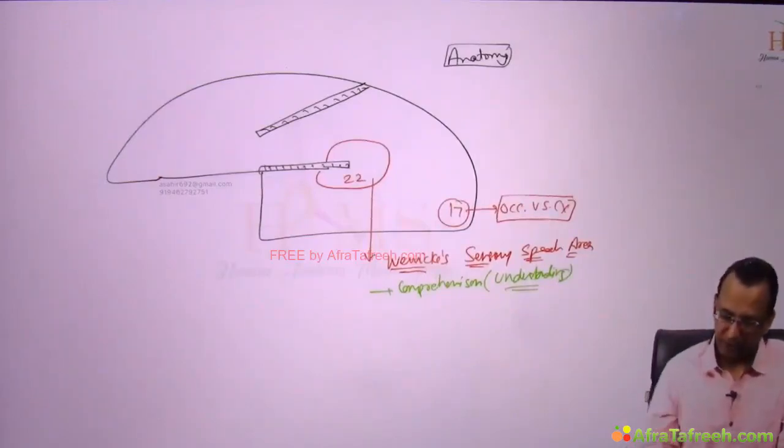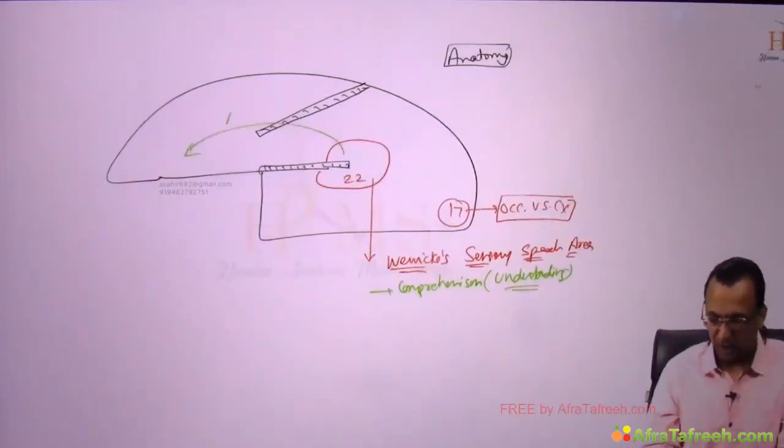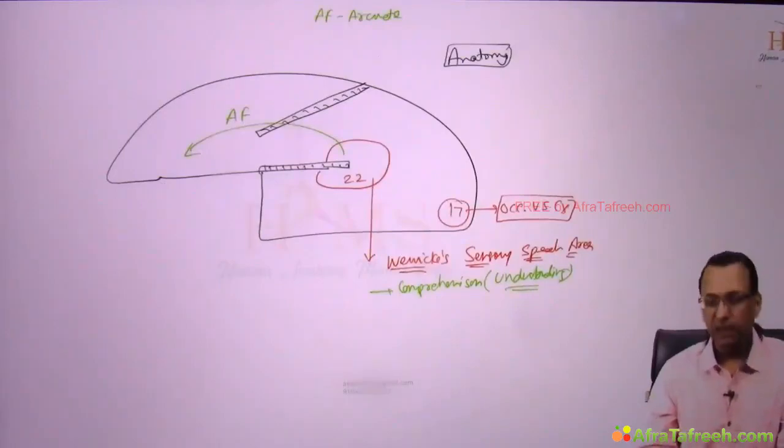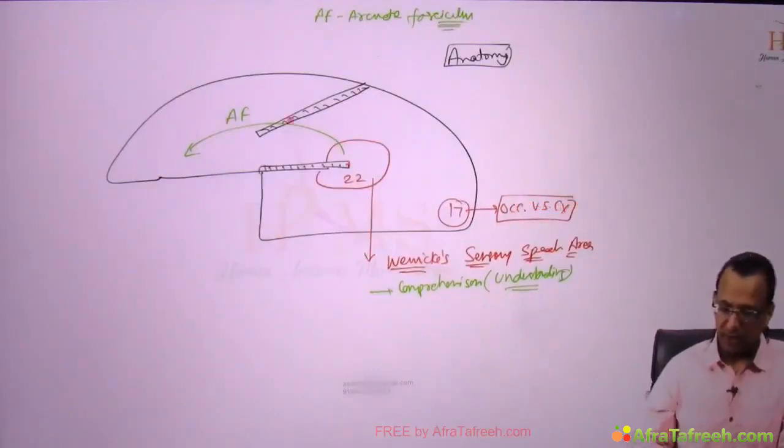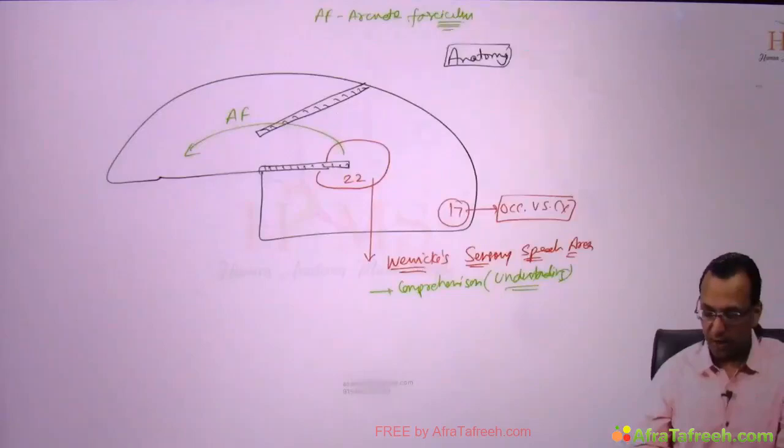Actually, we need a fasciculus now, which is called as the arcuate fasciculus. AF is arcuate fasciculus. It is some arcuate arc-shaped bundle of axons. Fasciculus means bundle of axons. So there is some arcuate fasciculus connecting area number 22 with area number 44. Double the number.